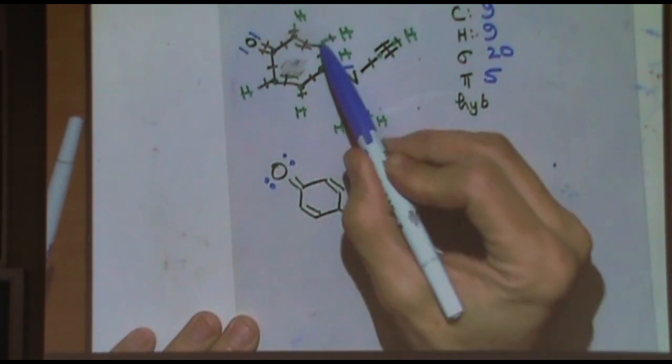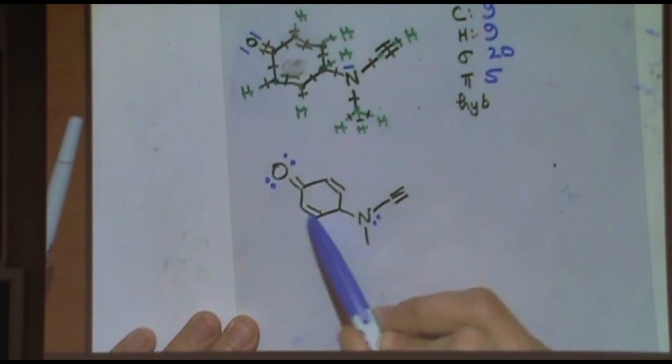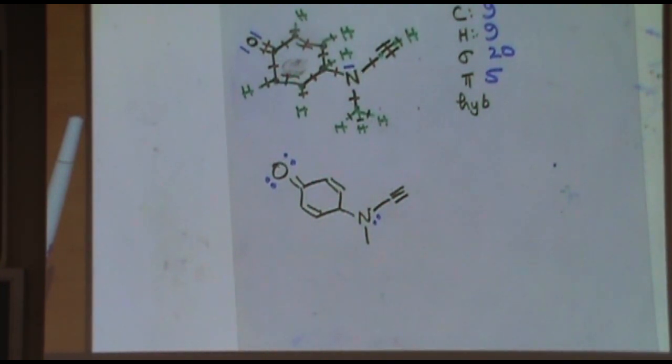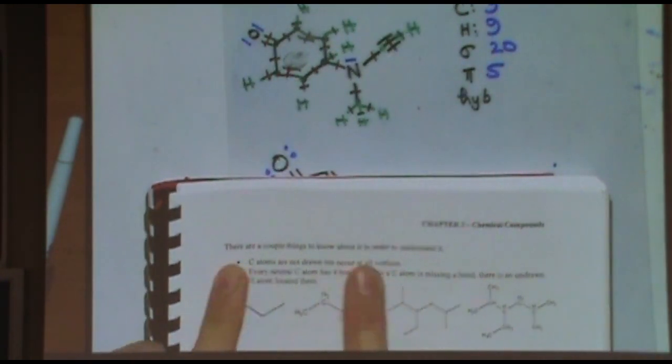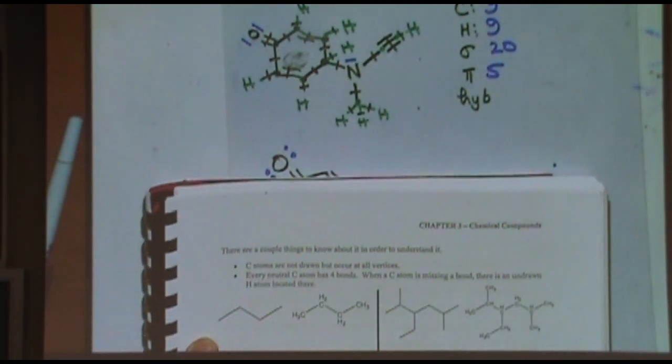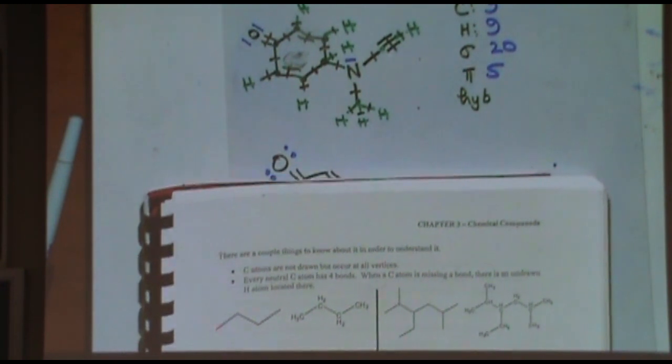In the same way there's hydrogens here, because you only see 1, 2, 3 bonds, so anything undrawn is a hydrogen. That's always true. If you're in my class, that was covered on page 15 of the reader.